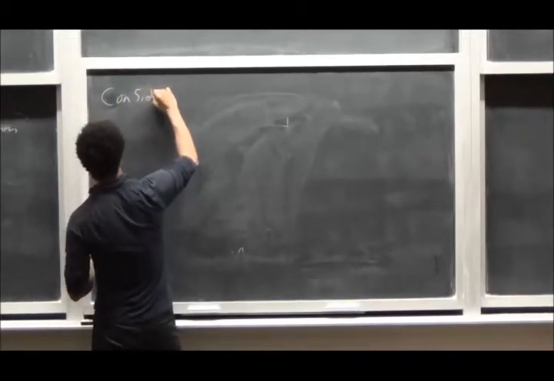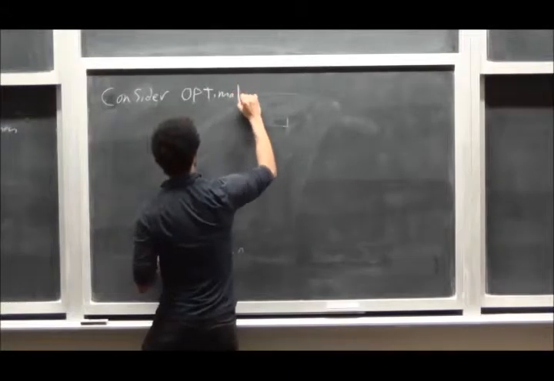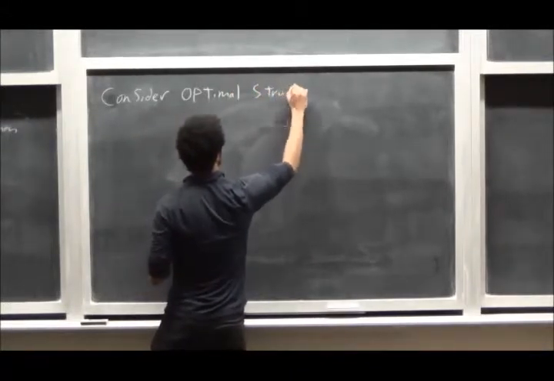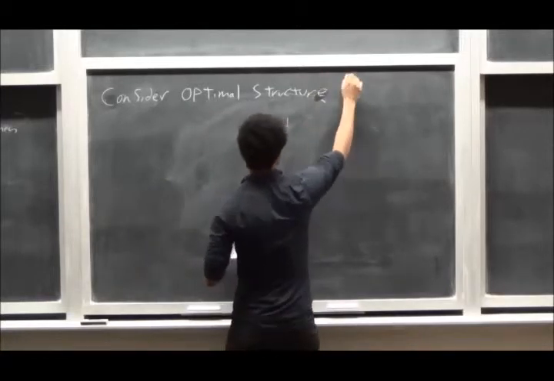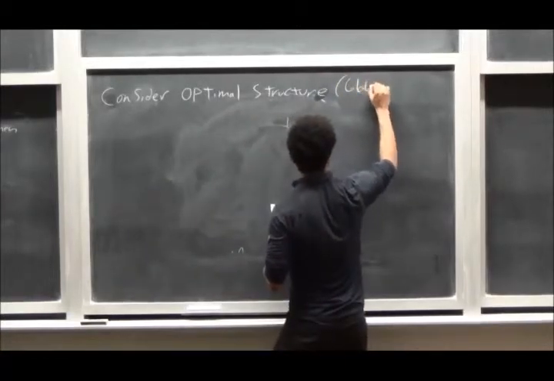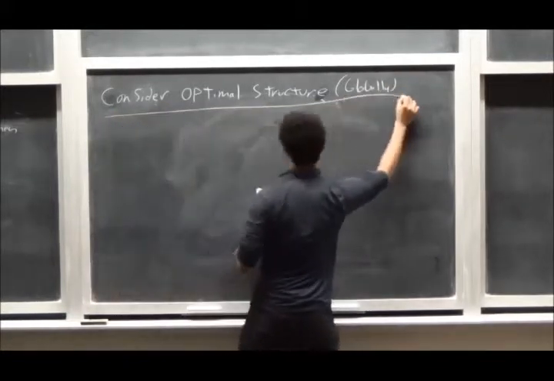So if we look at the optimal schedule, and this is really the global perspective, you want to start to think globally, what does it look like?